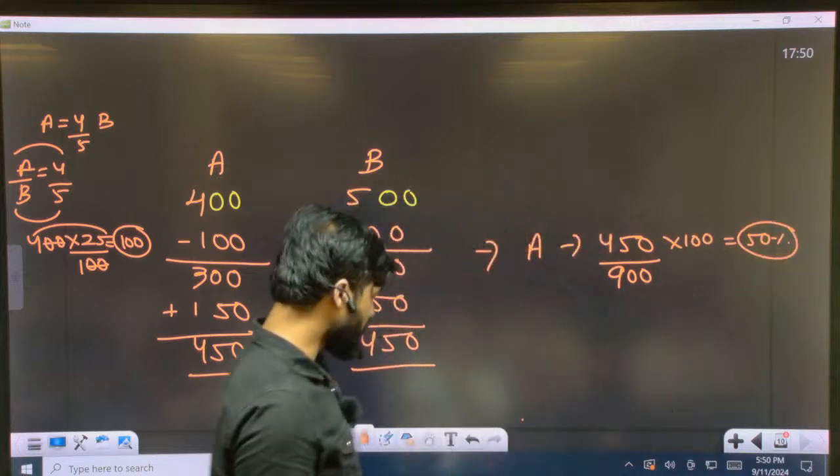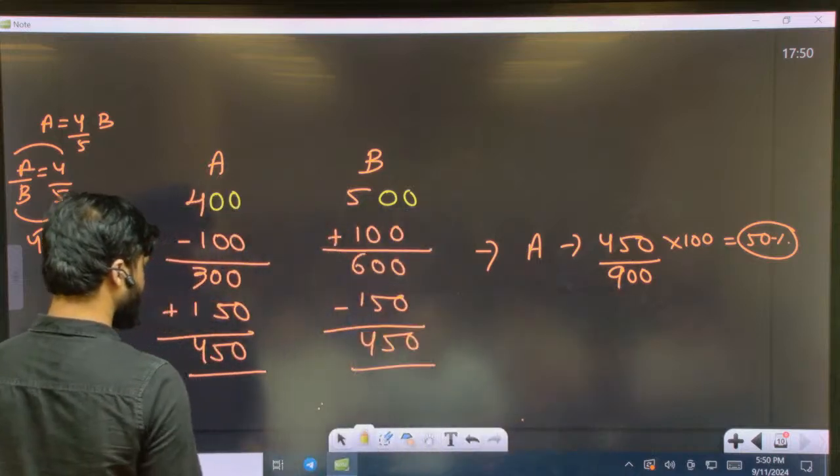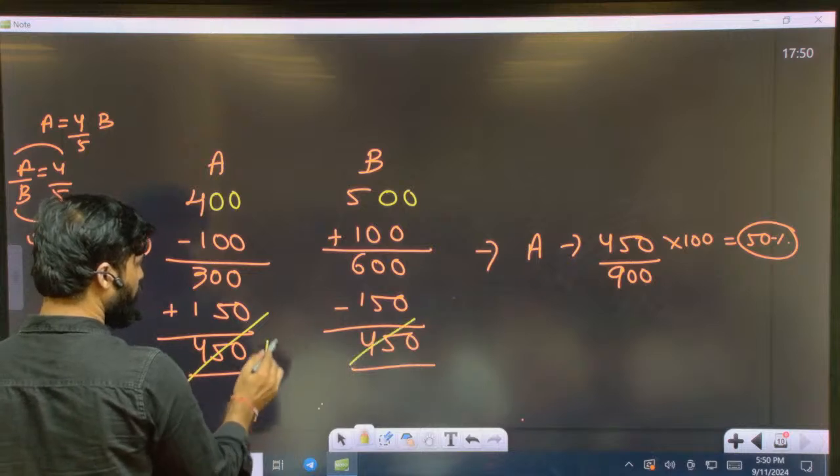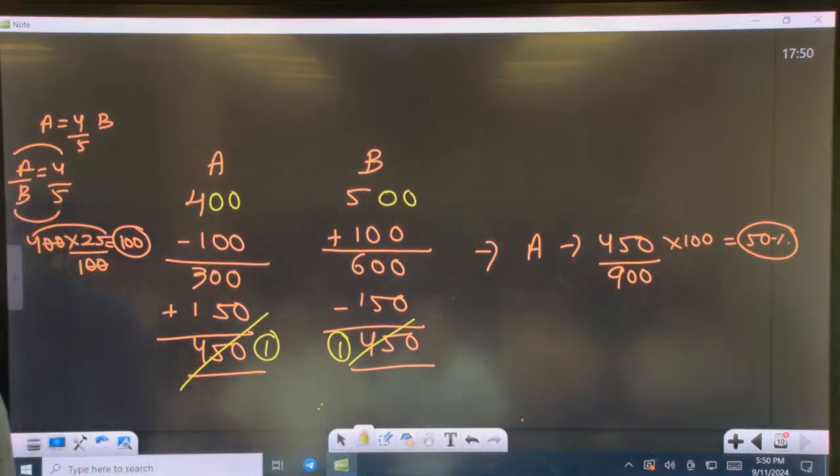And if you have that smart brain, then you can make the ratio 1:1, so automatically this is 50%, or you can do 1 by 2 into 100, that is 50%, because these numbers are ratio only. Any problem? And if you don't want to go this way, then do 450 upon 900 into 100. Any problem?